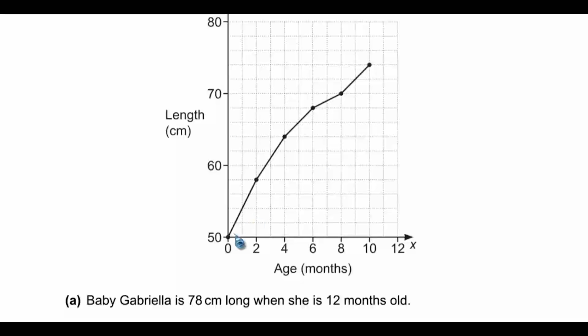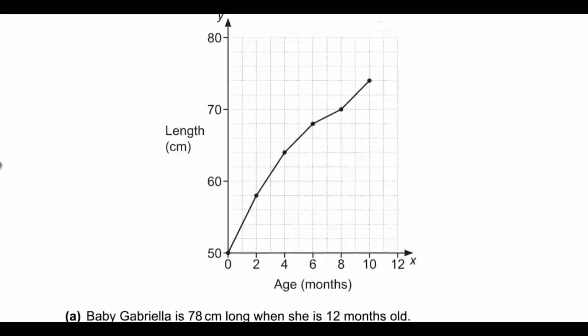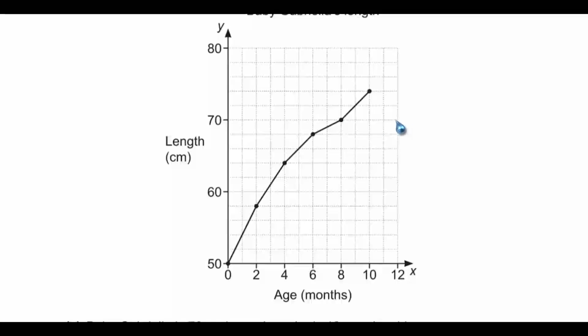If you look at this now, this is 50 and this is 60. So that means you have 10 divided by 5 lines. Let's see, 1, 2, 3, 4, 5. So each line will be 2. So 78 will be, this is 70, 72, 74, 76, 78.